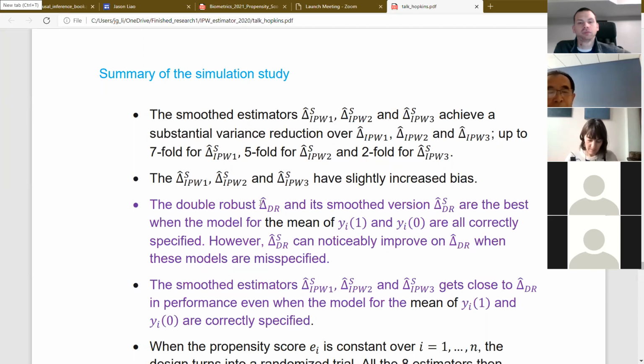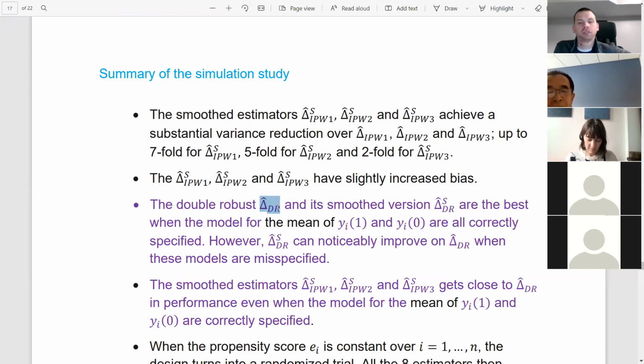For the double robust estimator, if all the models are correctly specified, the smoothed version does not seem to help, but if the outcome model is misspecified, then the smoothed version can noticeably improve the double robust estimate. This makes sense because the double robust estimate depends on two parts being right, and the smoothed one strengthens the weighted part.